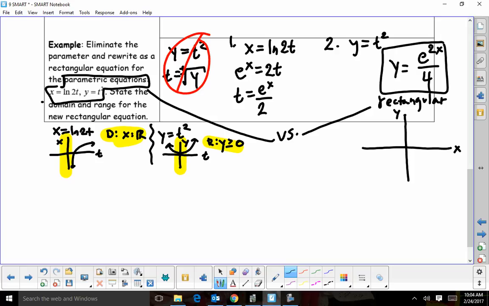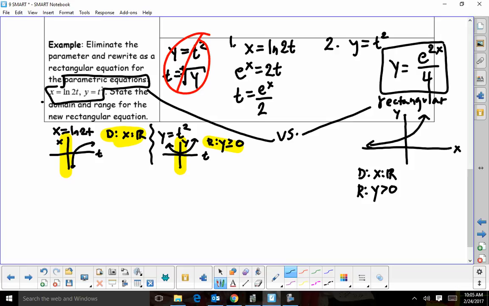So as I go to graph, it's still an e graph. There's no up, down, left, right transformations. So what's my domain here? All real numbers. And what's my range here? Greater than 0. Sorry, in this case, am I a little bit off? Okay, what I could put, yeah.